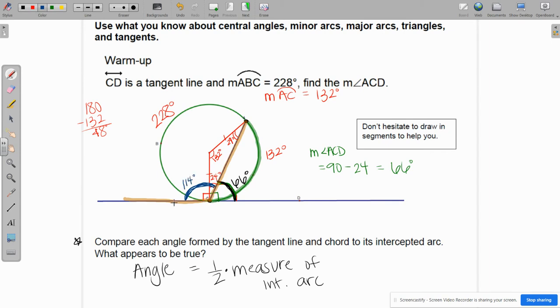And the intercepted arc of this angle would be this arc over here, which was arc ABC, which we knew was 228 degrees, which is double 114. So again, this angle is half of its intercepted arc.